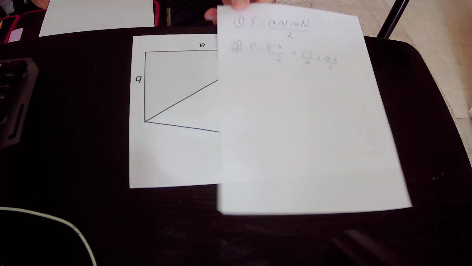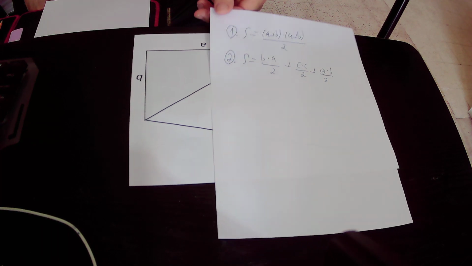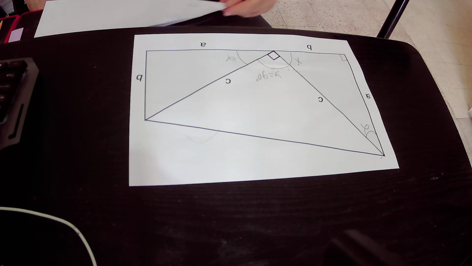So now we can compare expression 1 to expression 2. Of course they are equal to each other, because in both expressions there is the area of the same trapeze. So we'll compare expression 1 to expression 2, and in this way we will create the third equation.